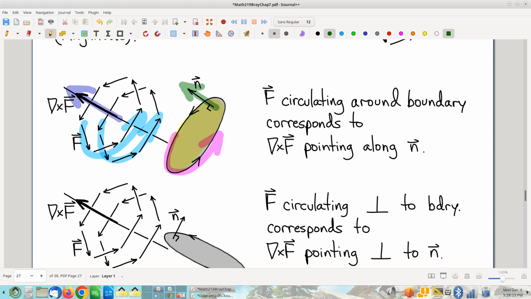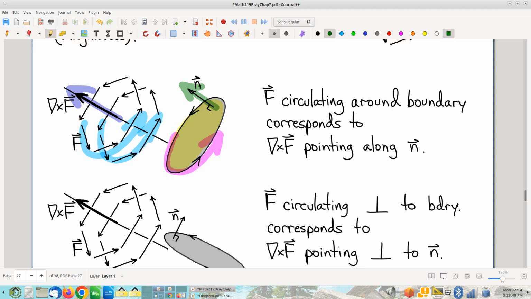And I appeal to your sense of geometry. The fact that the flow of the fluid is in the same direction as the boundary is geometrically tied to the fact that the flow is going around, and the normal vector that the boundary is going around are also pointing in the same direction.